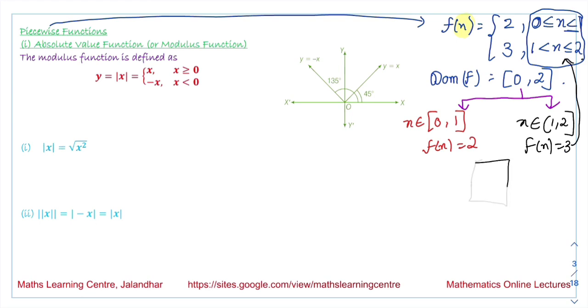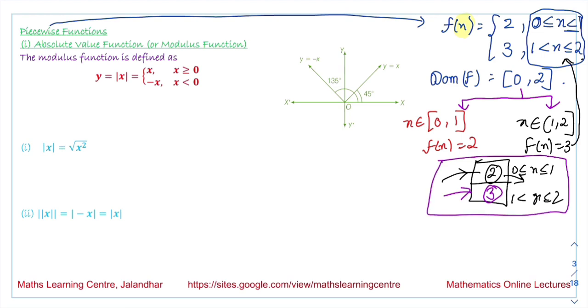So we are talking about a machine over here. We give some value, and first we have to look where this x is lying. If x is lying between 0 and 1, the machine gives the answer 2. And if the value of x lies between 1 and 2, it is not an equality sign over here, the answer it gives is 3.